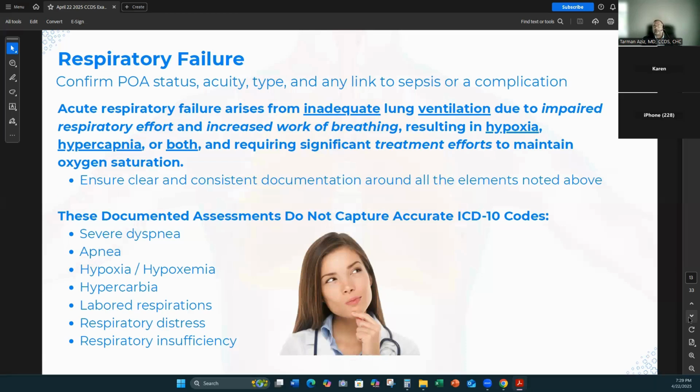Unlike the heart failure story that we talked about last month, where you need both acuity and type to get MCC status, any type of acute respiratory failure documentation will get us an MCC, but it's nice to get hypoxemic, hypercapnic, or both out of providers because that may make a difference to expected mortality.